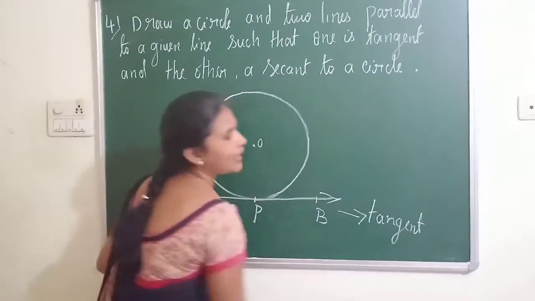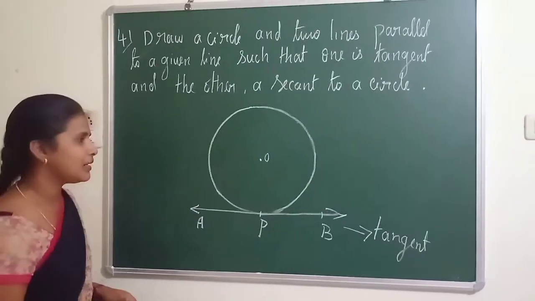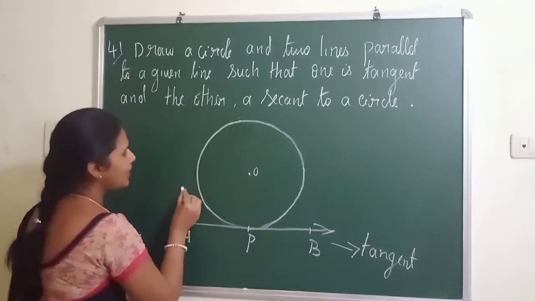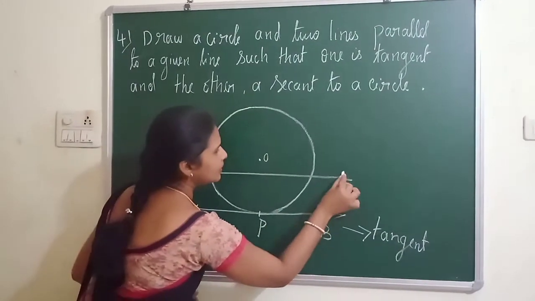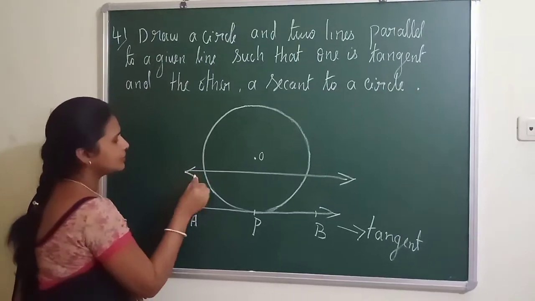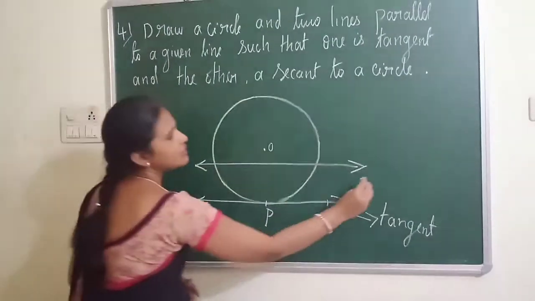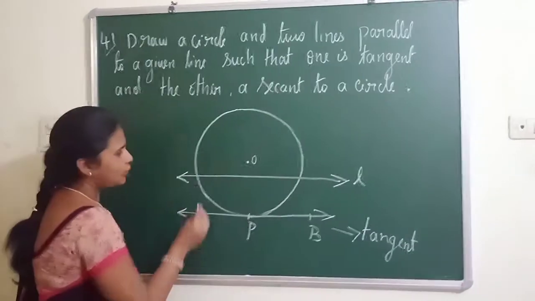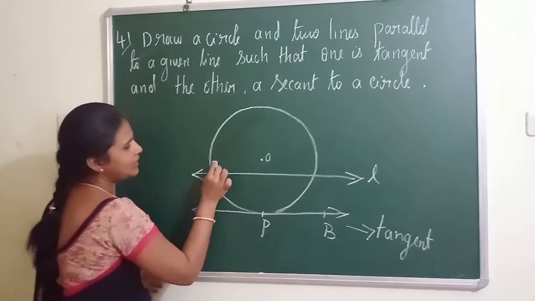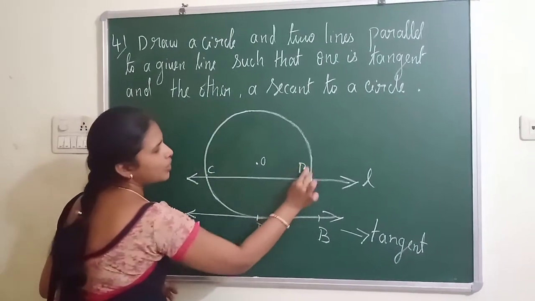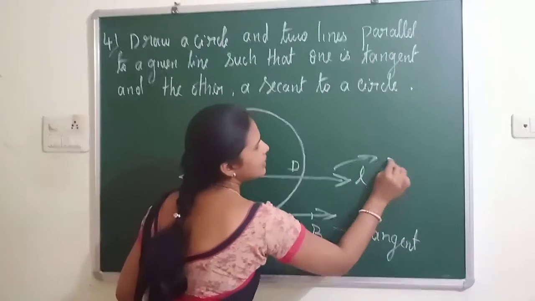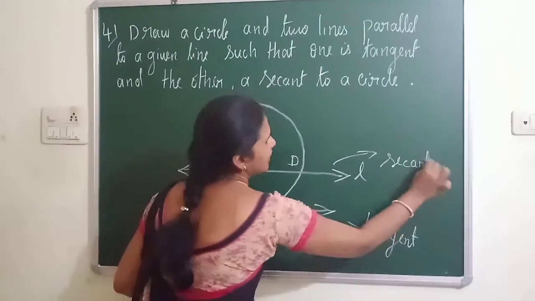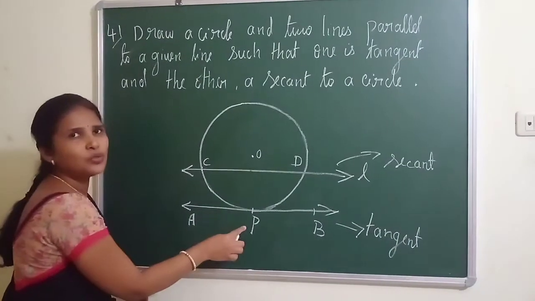Now I have to draw another line which is called a secant. Now let me draw another line which is a secant. Mark this as line L, and you can see this line meets at 2 points. So I can call it a secant, and both are parallel to each other.